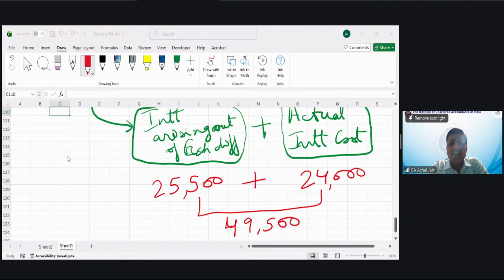She's asking me to explain the foreign exchange loss. So I think maybe you're trying to understand the concept of foreign exchange loss. The foreign exchange loss concept is very simple.